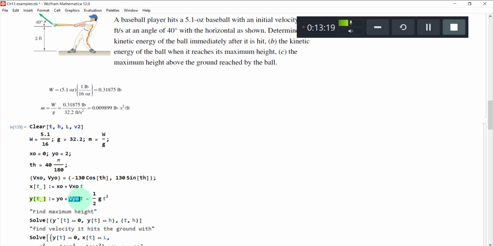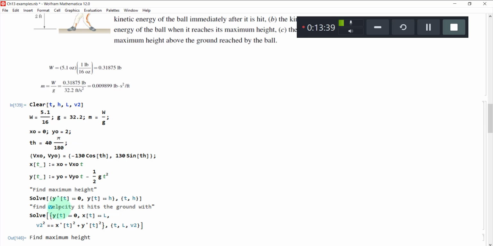We can figure out our starting y velocity. We can plug in our gravity, make sure we have gravity in the right units here. And we can figure out the maximum height that this would reach using those old Chapter 11 kinematic relationships.